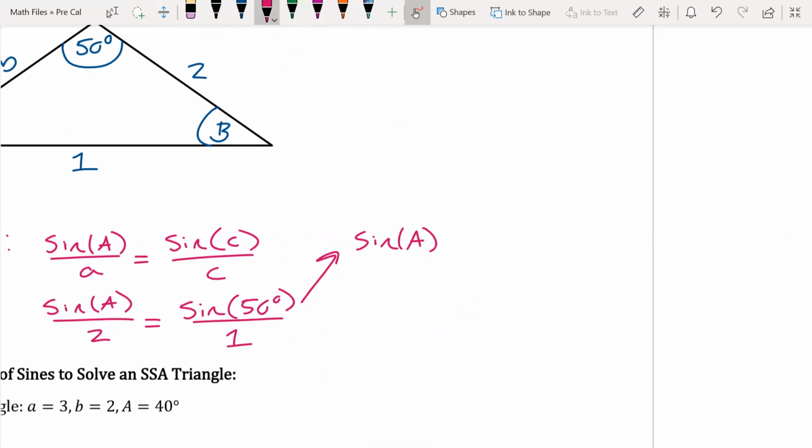So you'll get sine of A is equal to 2 times the sine of 50 degrees, all over 1. So this means that it's just 2 sine of 50.